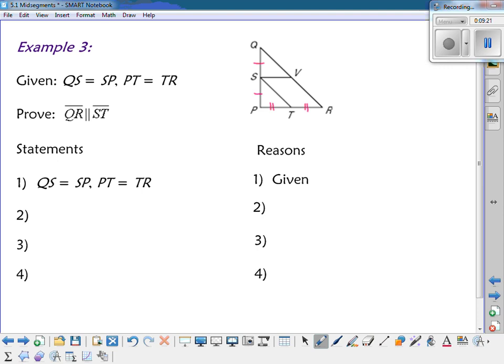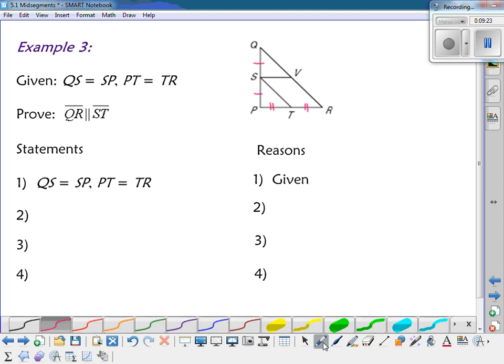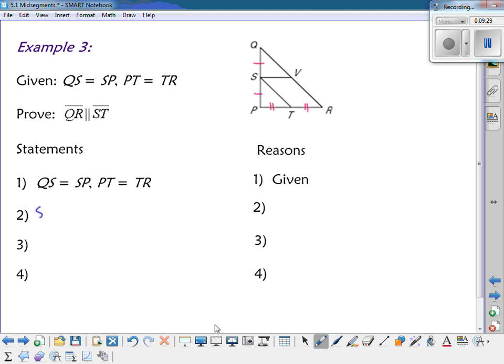So starting off with what I'm given, because those segments are congruent, I know that S is the midpoint of QP. And I know that T is the midpoint of PR. And I know that because that's the definition of a midpoint.